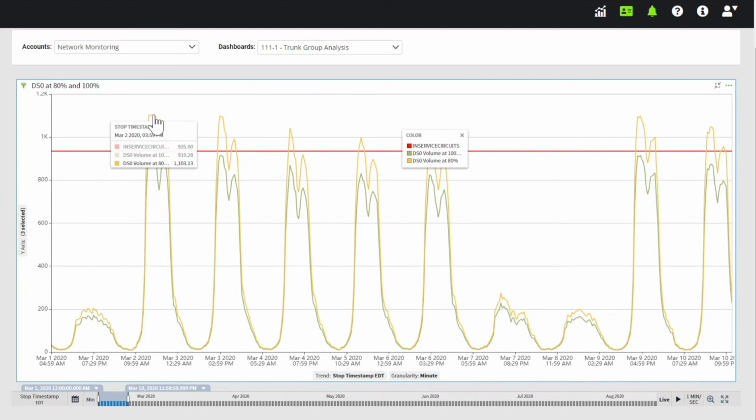So in this case here, we would want to rebuild this trunk group at 1100 circuits, and that would give us a 20% utilization, or 20% overage capacity in the trunk group based upon the period assessment defined within this graph.